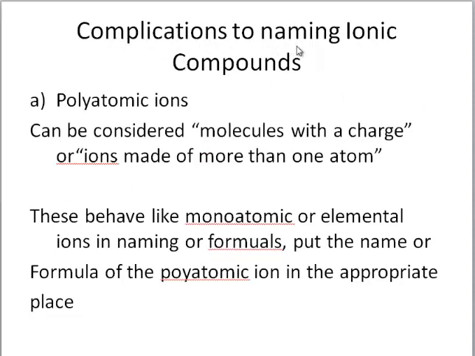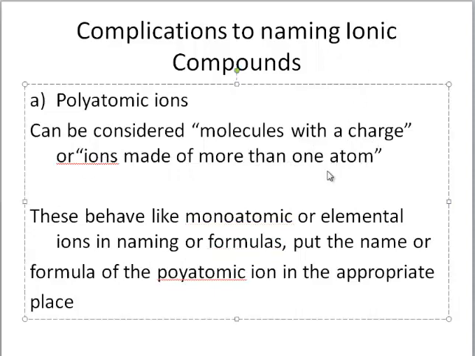Unfortunately, there are complications to naming ionic compounds. The first complication we will consider is the existence of polyatomic ions. A polyatomic ion can be considered a molecule with a charge, or ions made of more than one atom. These behave just like monatomic or elemental ions in naming or formulas.